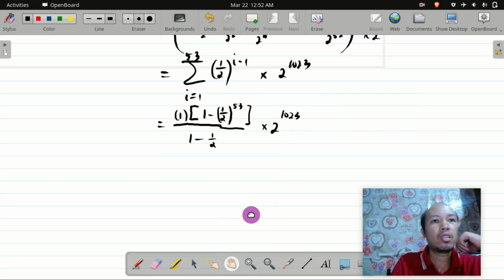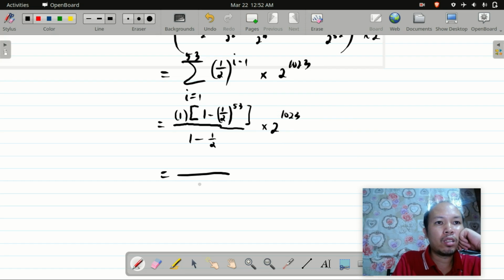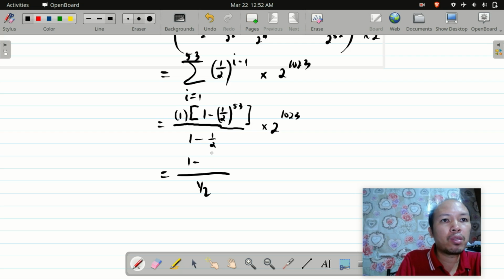In the denominator we have 1/2. In the numerator we have 1 minus 1 over 2 to the 53, times 2 to the 1023.